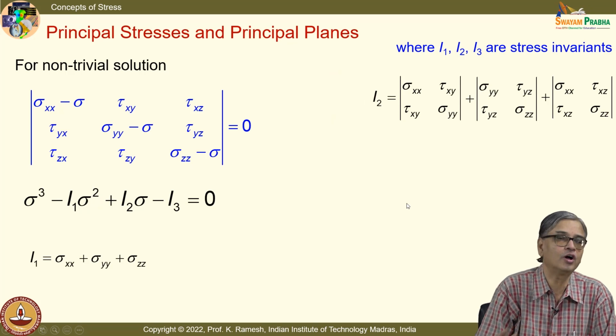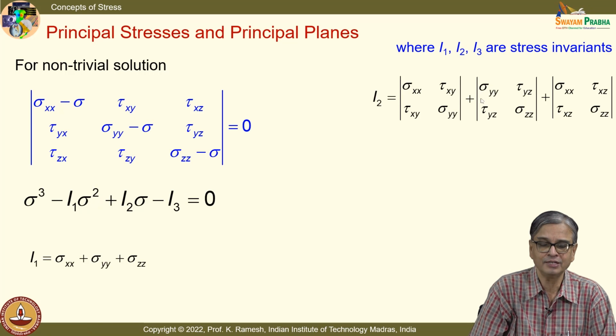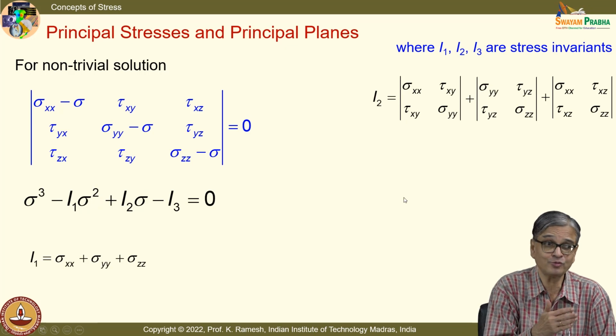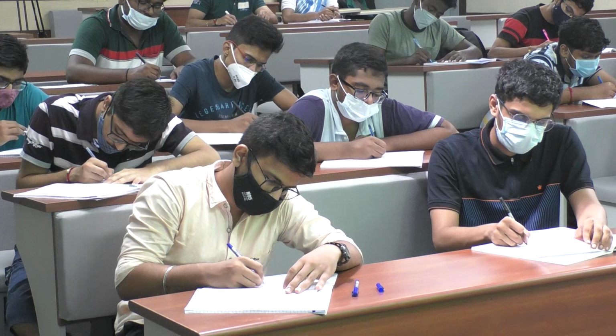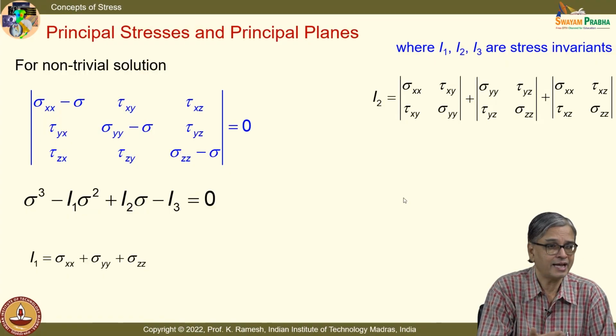So, if you know how you have sequentially written down I2, you can easily write it out from the given stress tensor. I want you to compute this I1, I2, I3. You can quickly compute I2, it is not difficult. Please work it out and check it with my expressions.